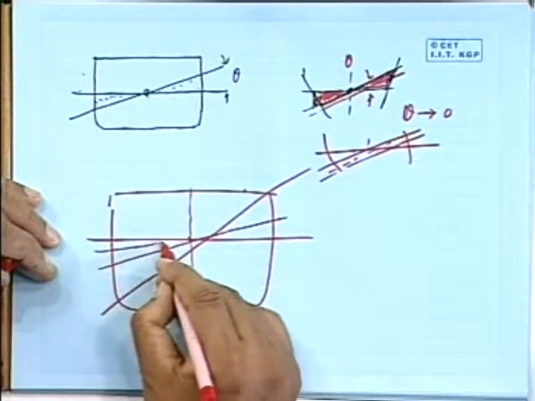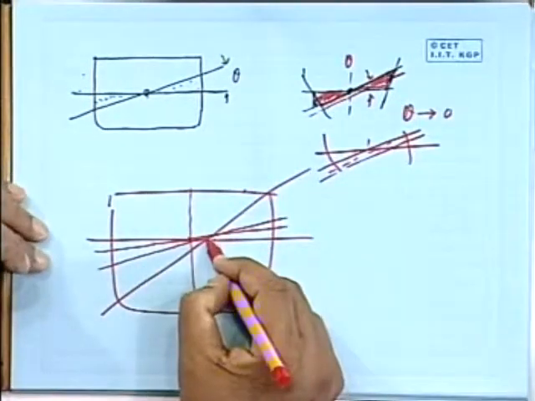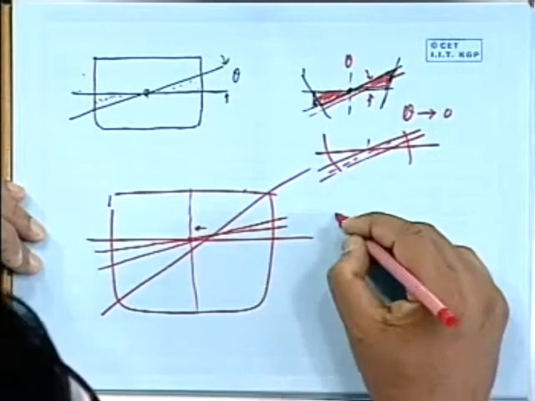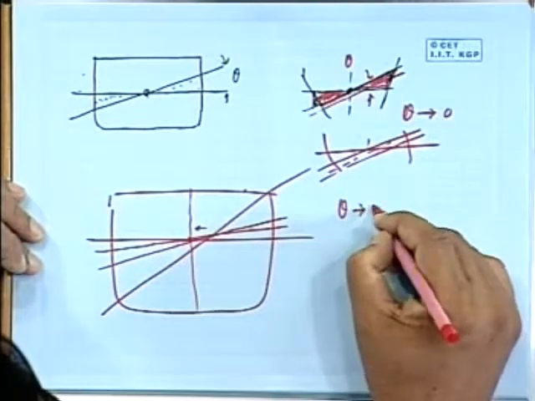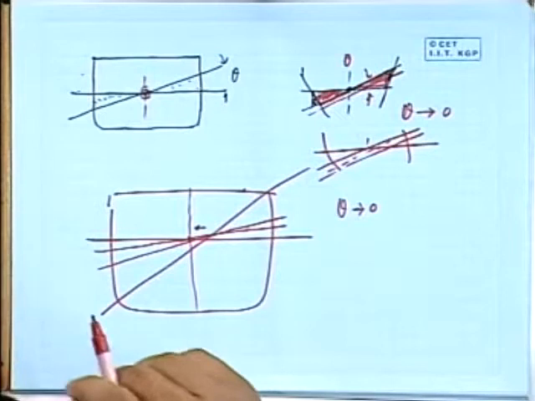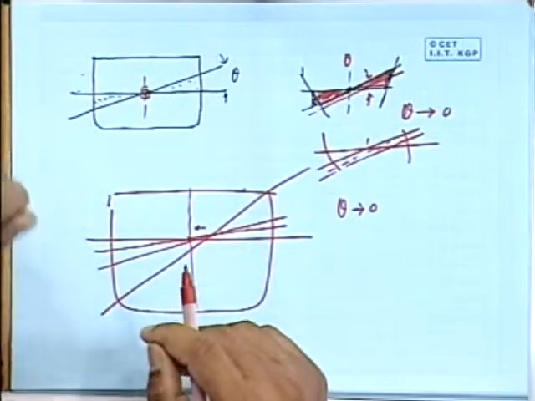Make it even smaller, it will come closer to this. So as I make the inclination smaller, this intersection point will come closer to this center line. And we can prove theoretically that when theta tends to 0, the intersection will indeed be through this. Again, strictly speaking, that is valid only when theta is very small.